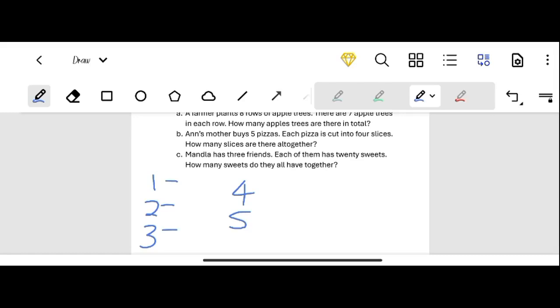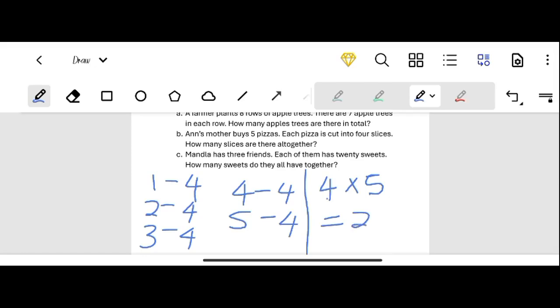Each pizza has 4 slices, so it's 4, 4, 4, and 4. What is repeating is 4. How many times is it repeating? 5 times. Now you count 4 times 5: 5, 10, 15, and 20. So your answer is 20, and then you are done with B.